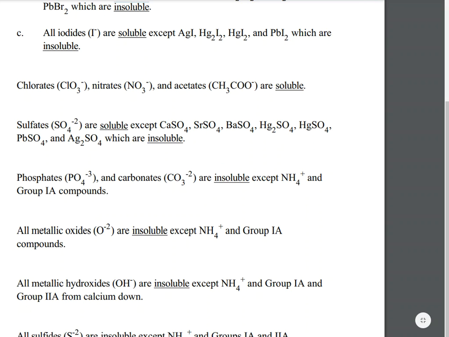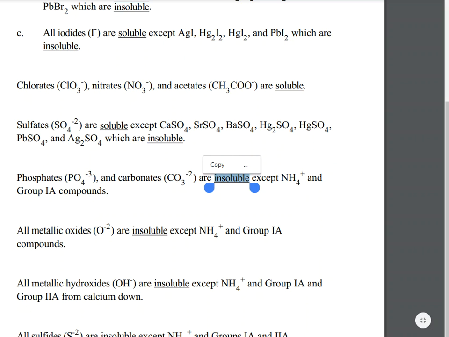A sodium or potassium carbonate, it stays in solution. An ammonium phosphate stays in solution. An ammonium carbonate stays in solution. But everything else will fall out because that product is insoluble. A precipitate would form, and I would see that falling out into my test tube.